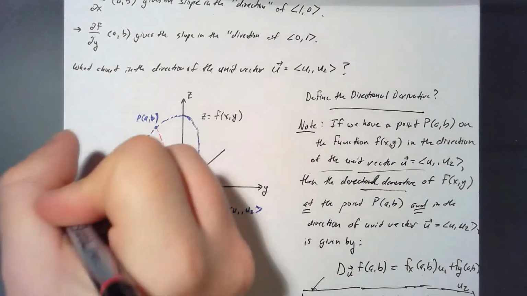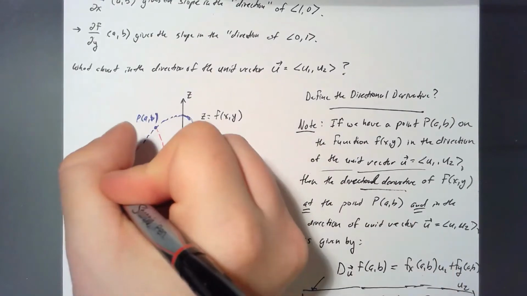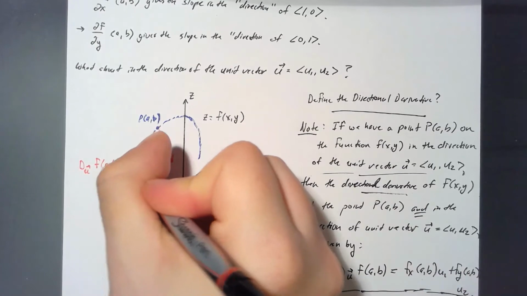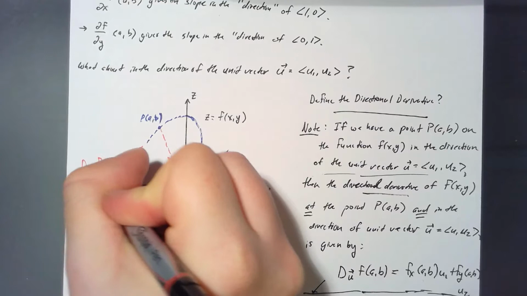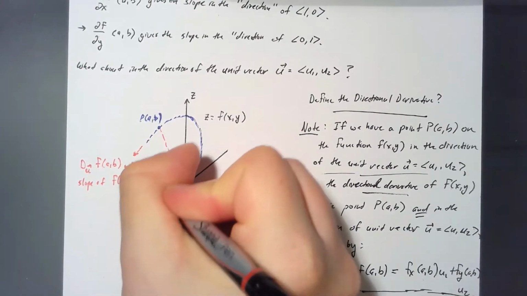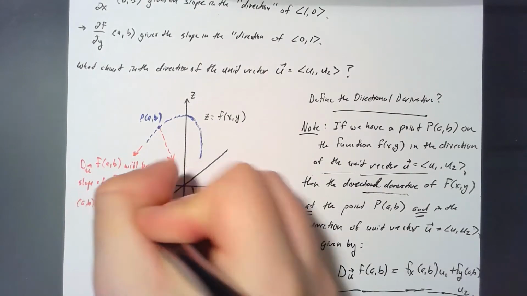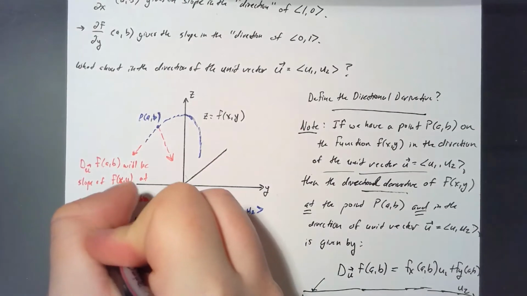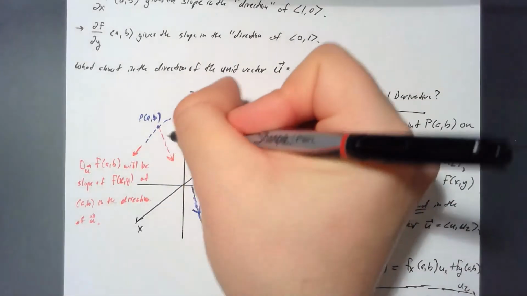So the directional derivative of u at that point will be the slope of f of xy at ab in the direction of u. So that's what this represents, but this is the vector.